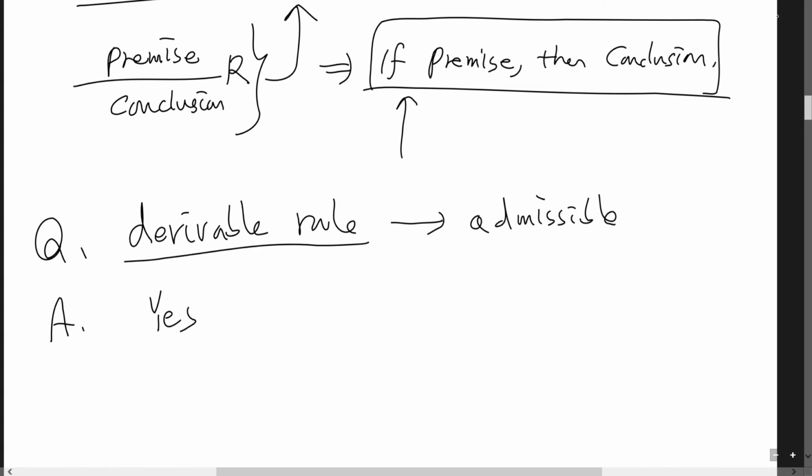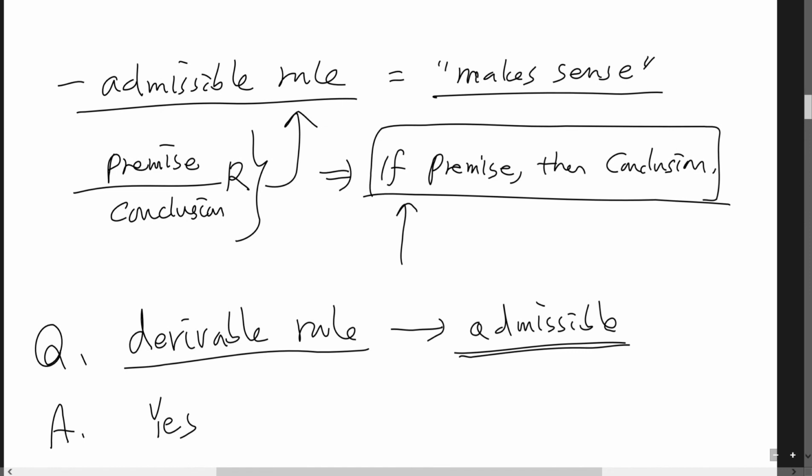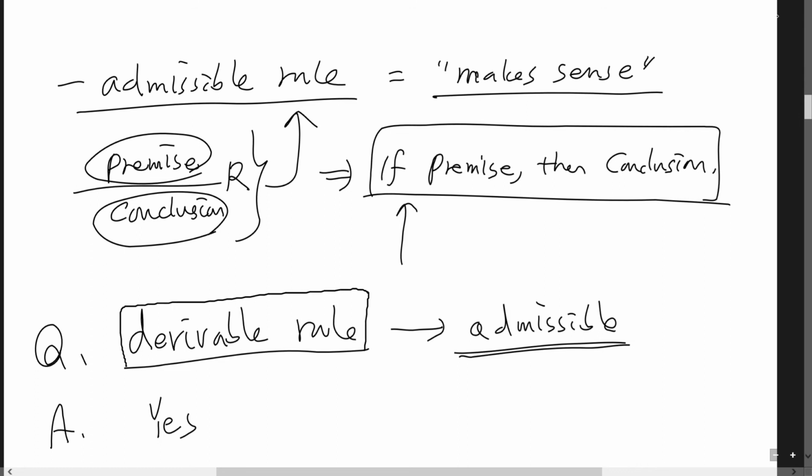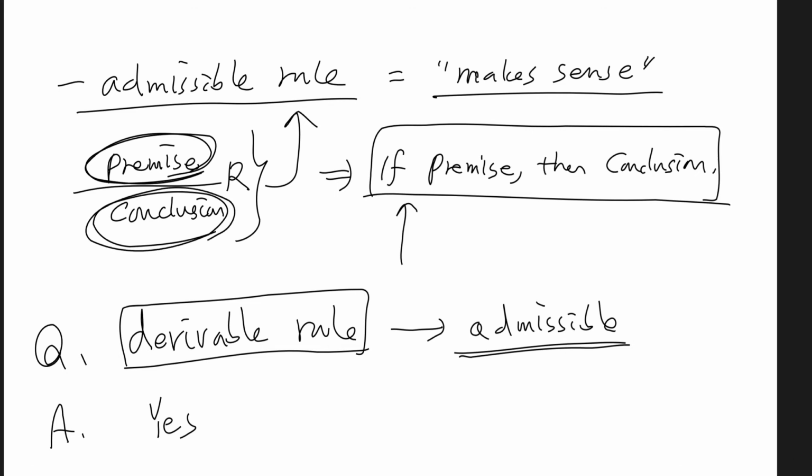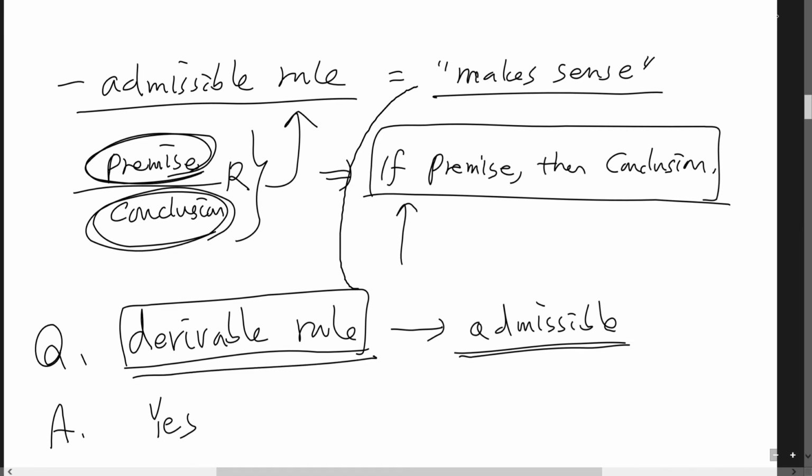Remember that an inference rule is admissible if you can somehow show that the premise implies the conclusion. And for a derivable rule, it's very easy because you can always present a derivation tree that bridges the gap from this premise to the conclusion. So a derivable rule always makes sense, so therefore it is admissible.